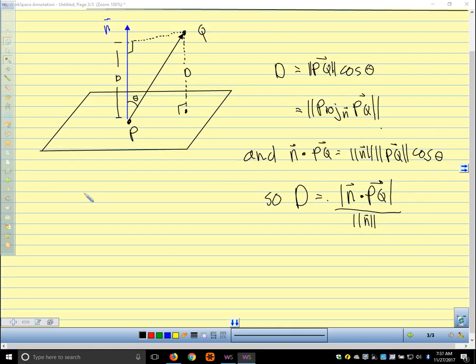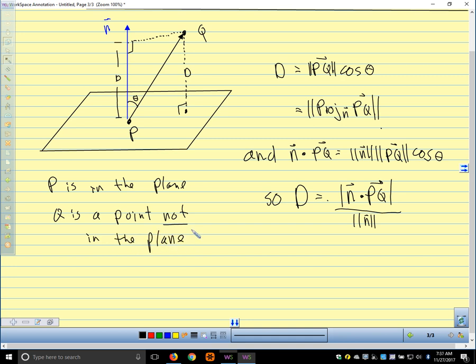So what we're saying here is P is in the plane, and Q is a point not on the plane, and n is the normal vector to the plane. So that normal vector, again, is the key to finding that distance.